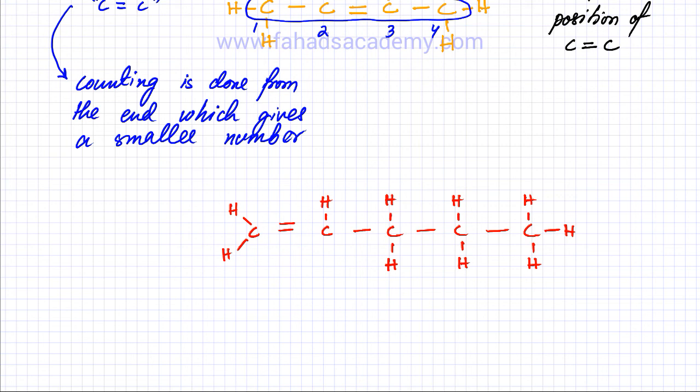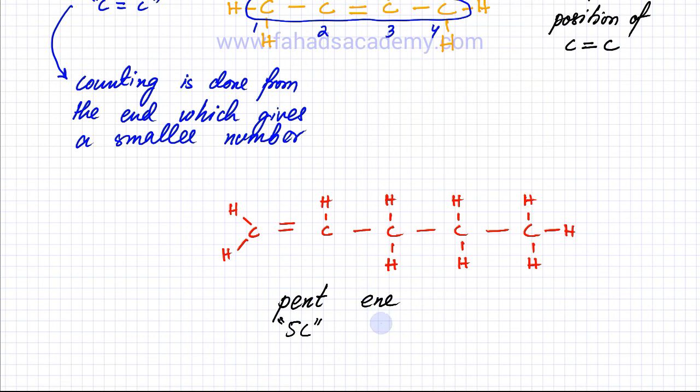It has a total of 5 carbon atoms, which means that the name is going to start off with pent. And since it's an alkene, the name is going to end with ene.